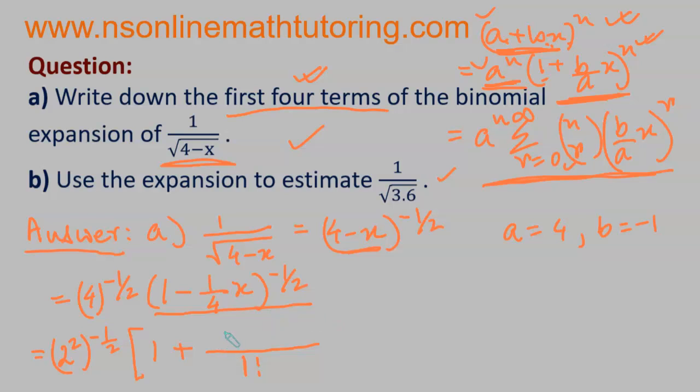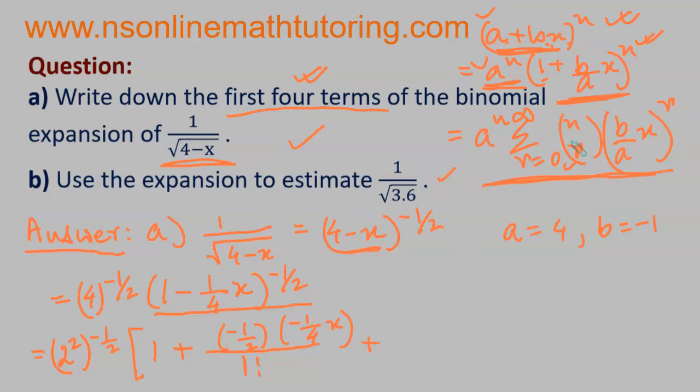The value of n is equal to -12, so it is -12, times b over a times x raised to the power of 1. So it is times -1 over 4 x. Okay, so this is the second term.